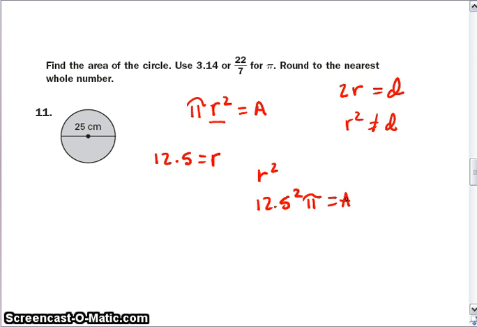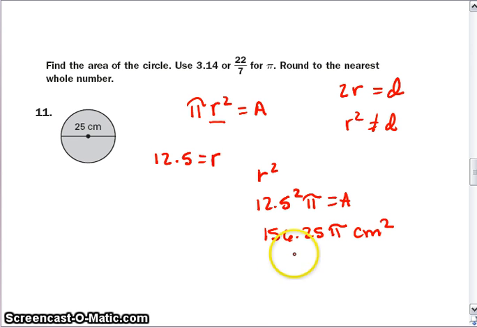All right, if we multiply this out, 12.5 squared gives us 156.25 pi. Centimeters squared would be our area of this particular circle.